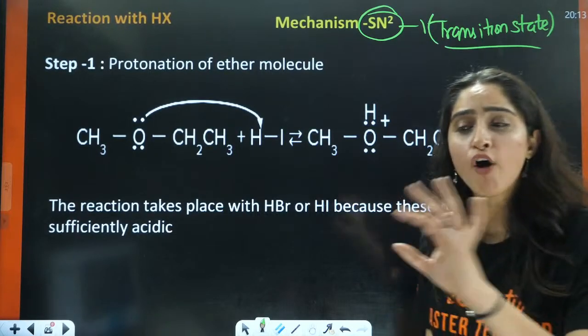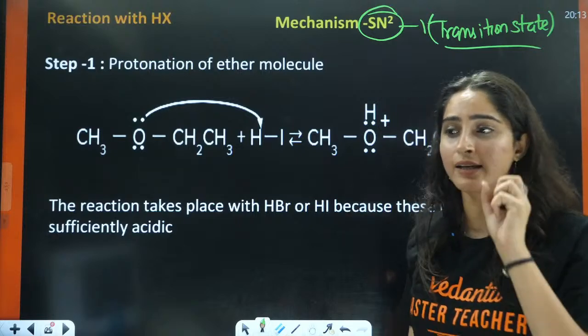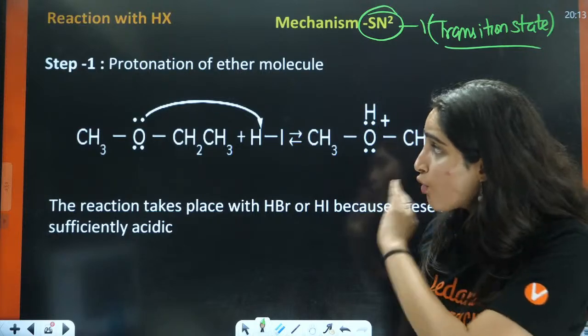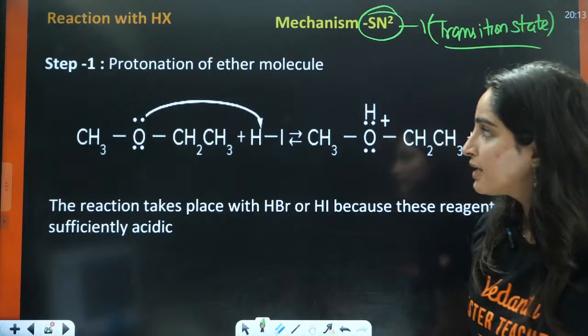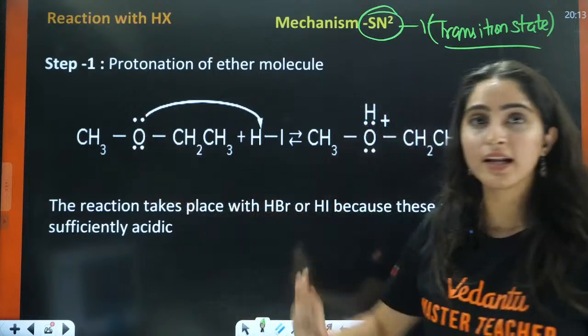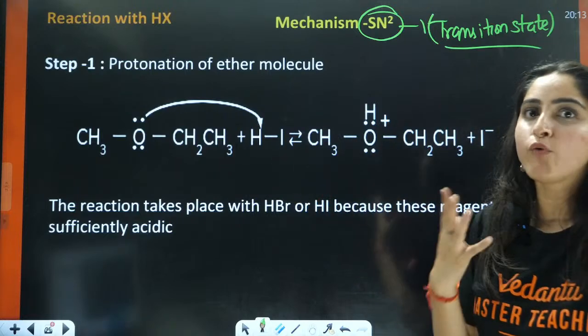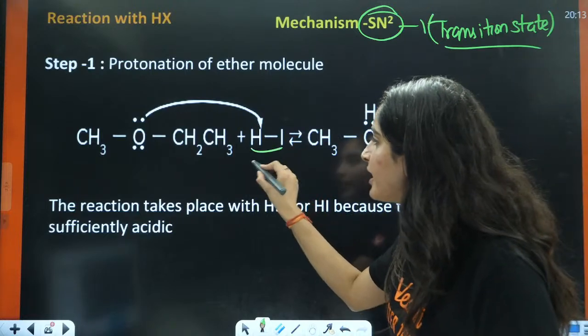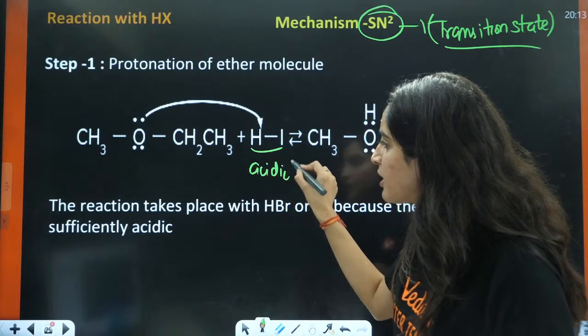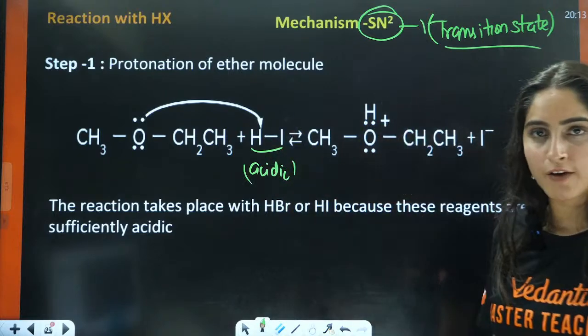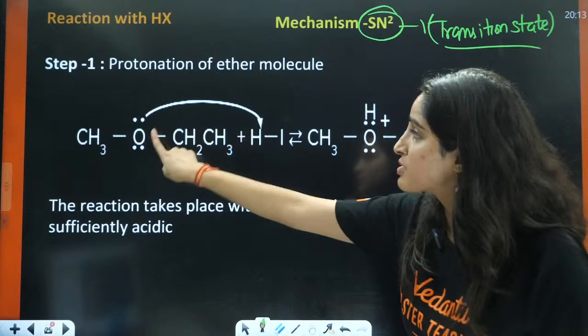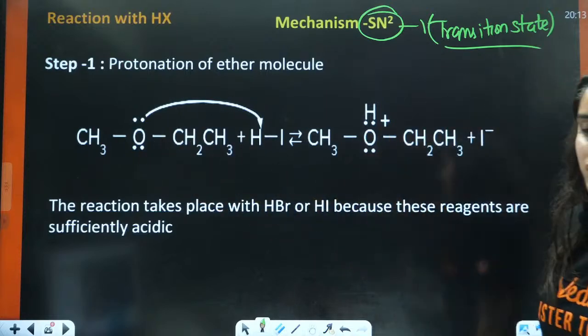There is no formation of carbocation here. The oxygen is rich in electrons. HI is acidic in nature and wants to lose H positive. So it will donate H positive and it will attach to the oxygen.